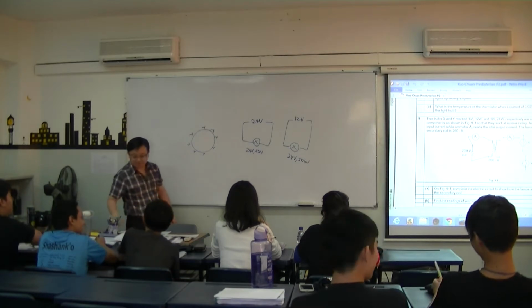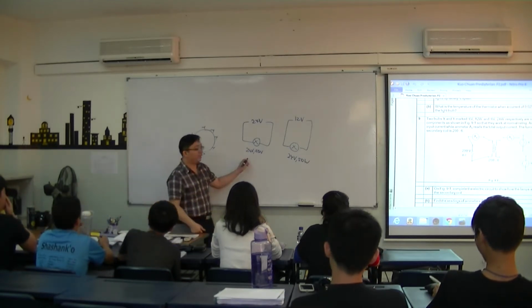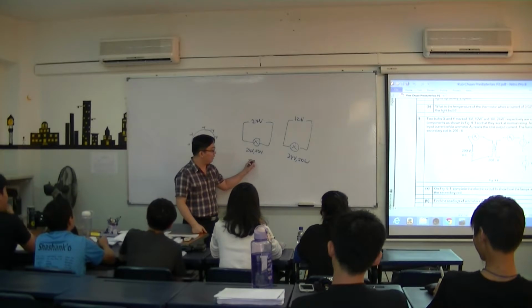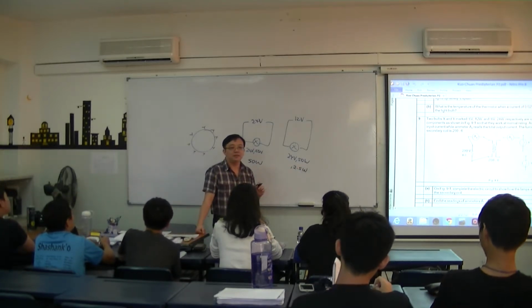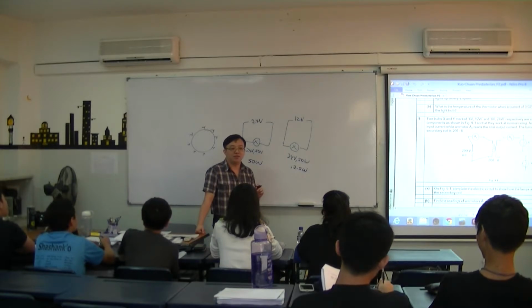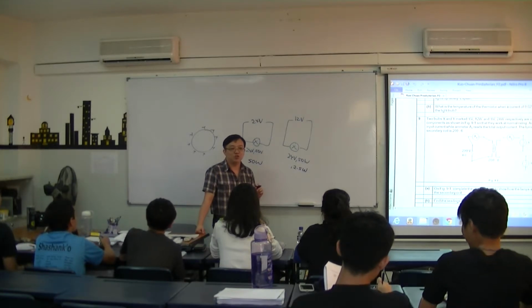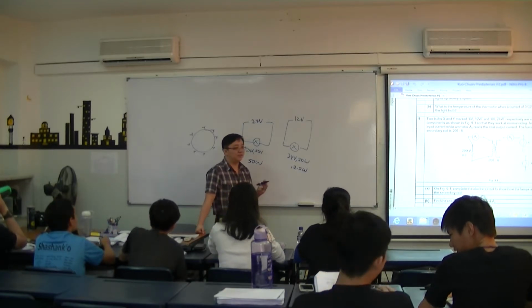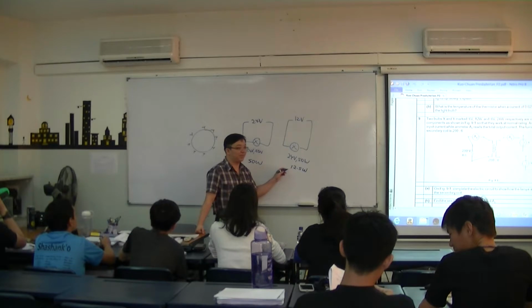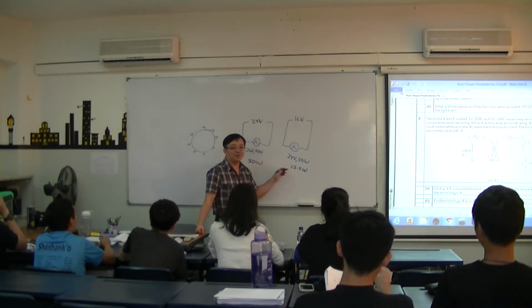So how much? How many? 50 and 12.5. Any objection? Everyone? The second one, I got 12.5, but I used another method. Doesn't matter. You tell me the final answer first. 25. 12.5.